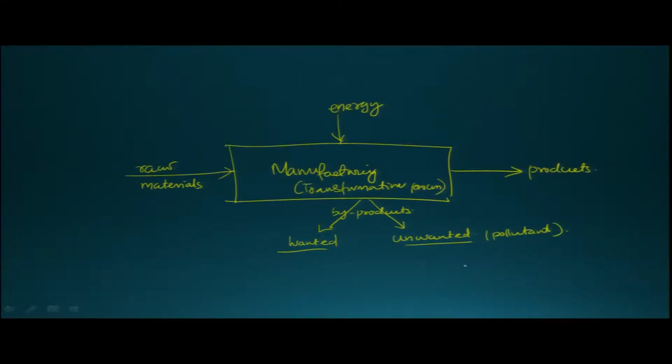So this is the typical manufacturing system in which you take raw materials and energy to produce the products. In the same way, you create byproducts. So one aspect of this, when we talk about this, is the environmentally driven objectives.